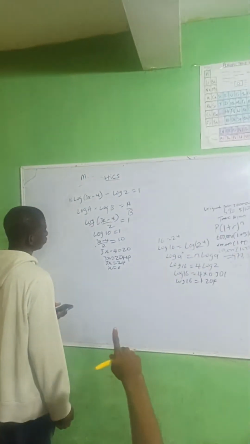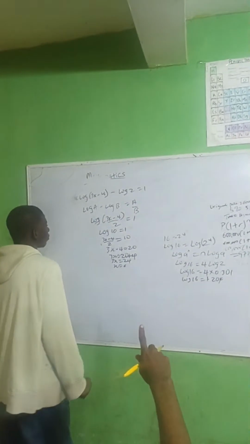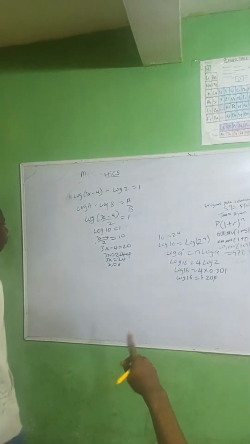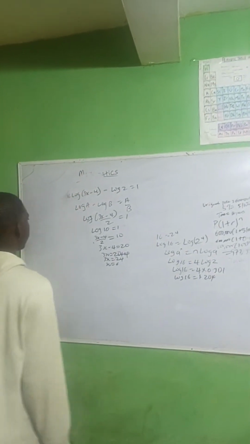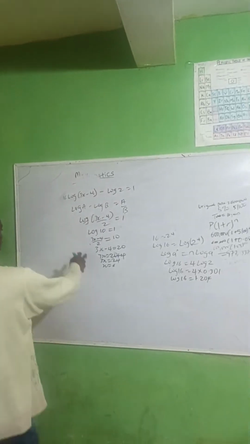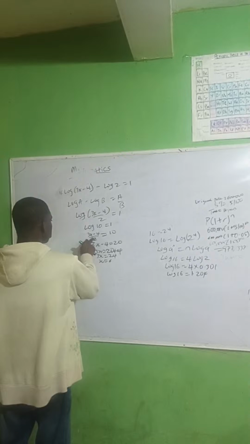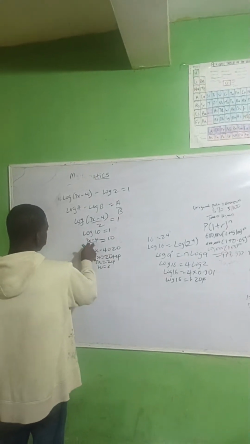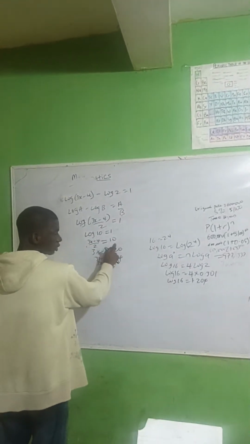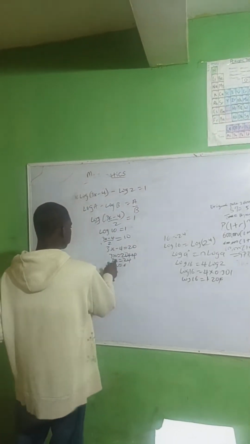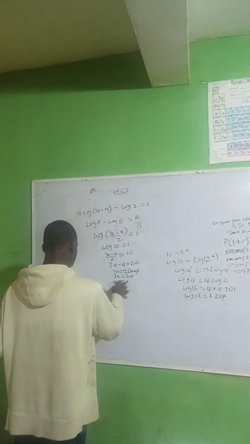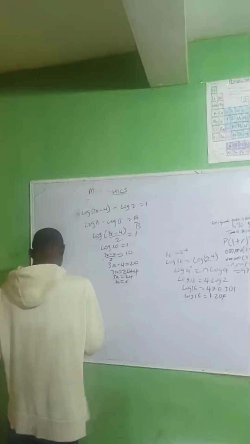So what you are saying, I'll say you did not cancel the log. I understand what you did now, but I didn't write it, but I cancelled the 2 log there. So we cross multiplied here. We had 2 times 10 and there's an invisible 1 here, so we cross multiplied. Then when we solved, we got x equals to 6, right?